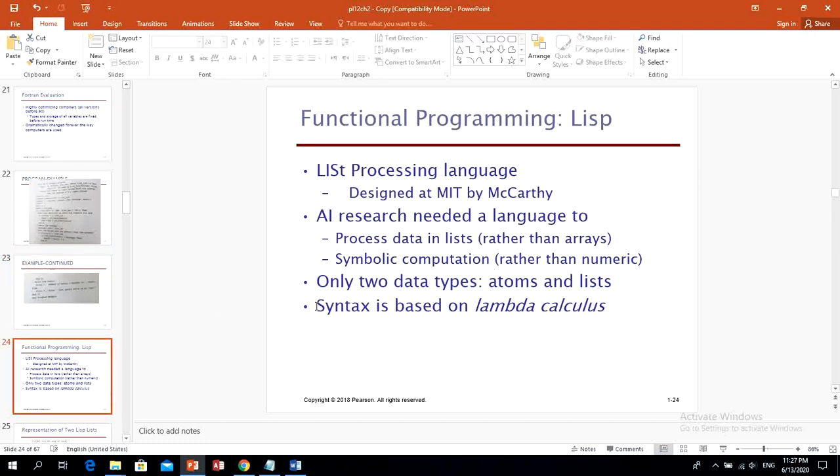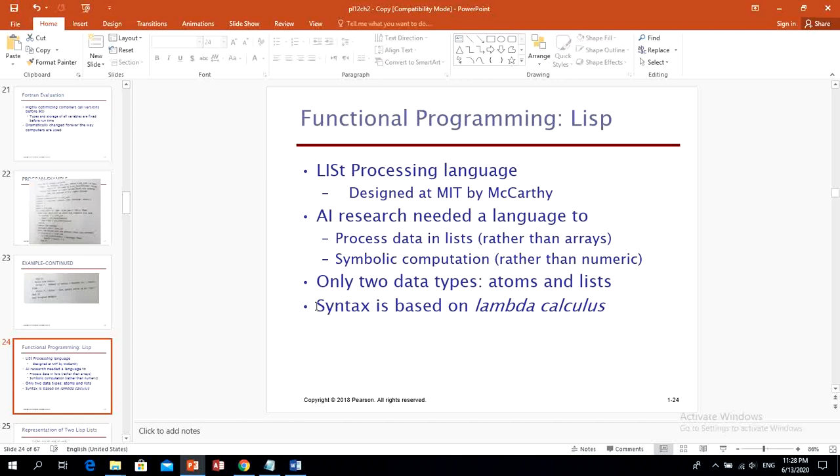Then after that, the functional programming language Lisp, which stands for Lisp processing language. Its name is Lisp processing language, so the name has been shortened to Lisp.